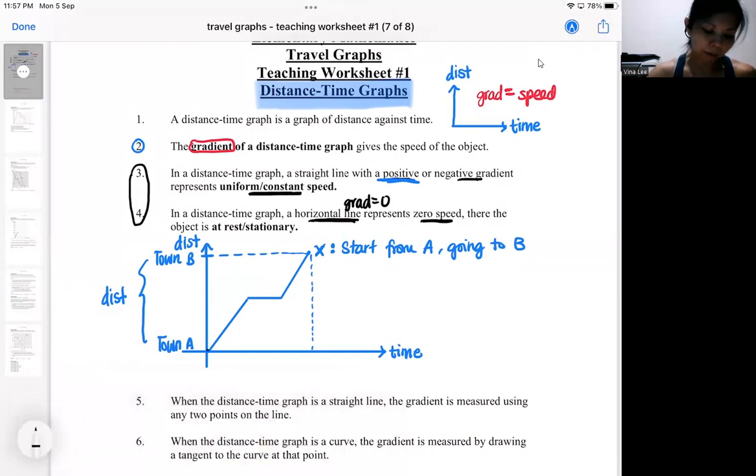He starts from rest, and then he goes at a uniform speed. Maybe after some amount of time, he becomes a bit tired. So this is the resting part. After some rest, he continues to go and reaches town B. These two sections are the parts with positive gradient.